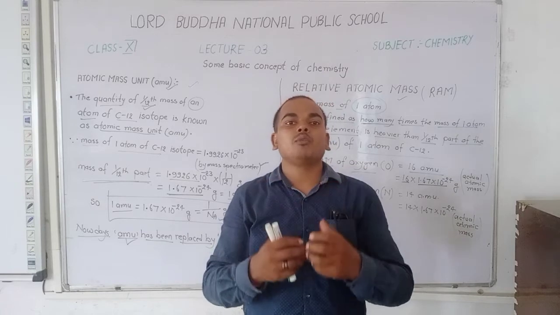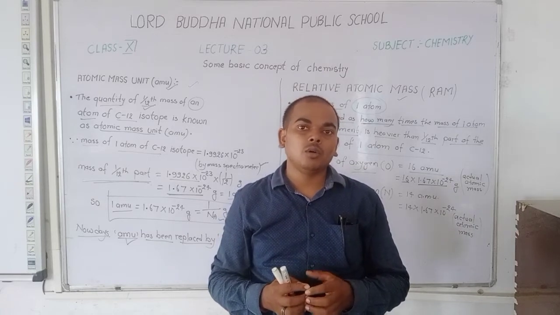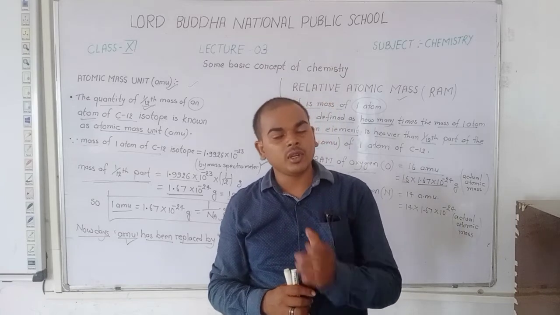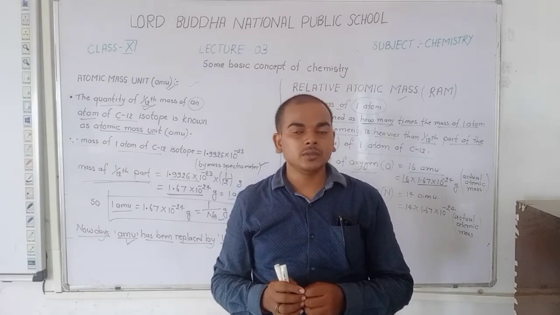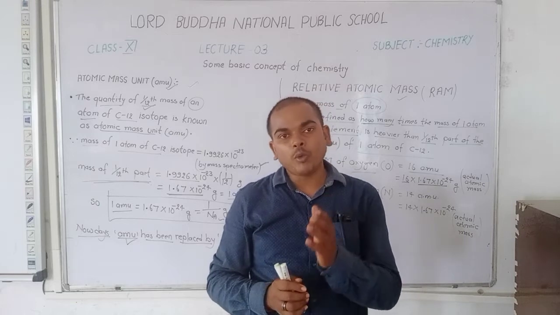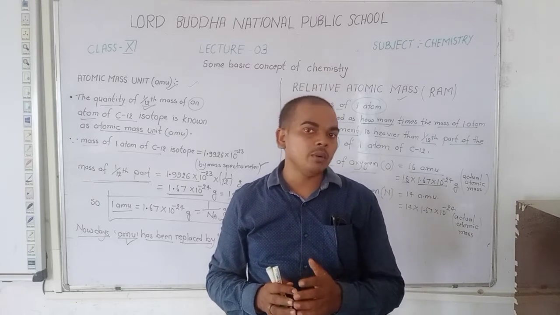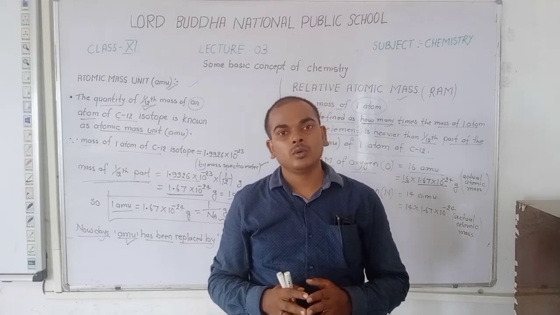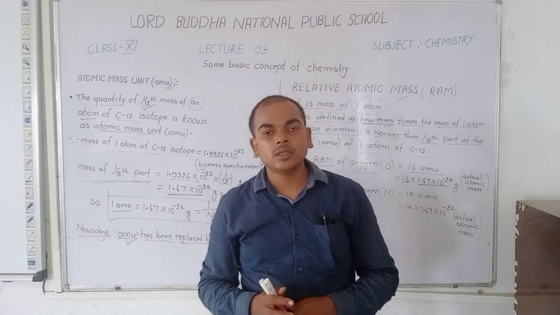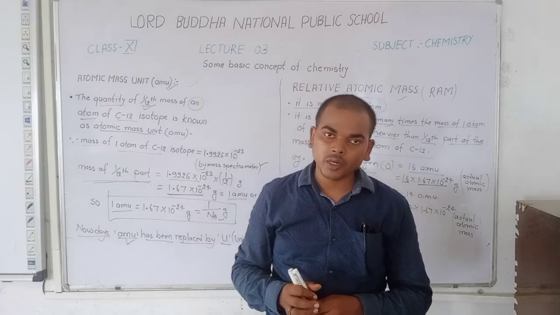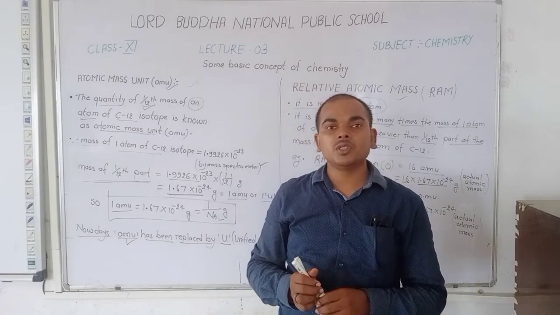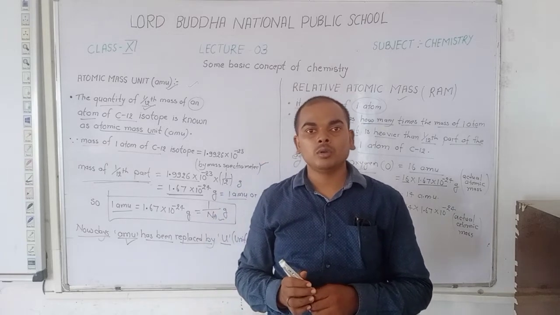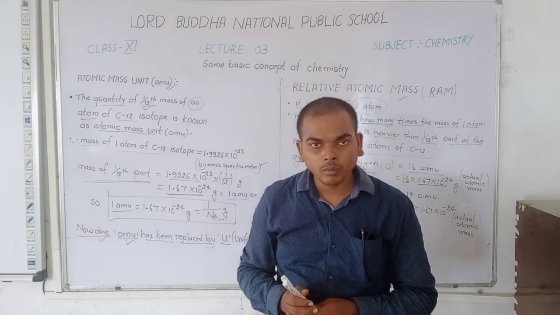The total number of nucleons is only the relative atomic mass, but for calculating actual atomic mass, we multiply 1.67 into 10 power minus 24 with the relative atomic mass. Please take a screenshot of this content and note it in your book.